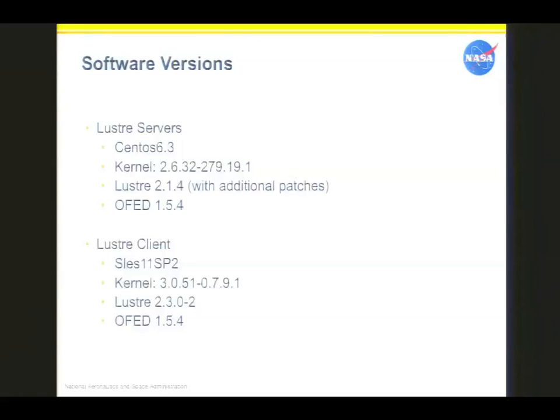So we may switch back to Cent at some point. But the important part here is that it limited the versions of Lustre that are supported by our vendor, which is Intel or Whamcloud. So we were kind of forced to use Lustre 2.3. I don't think that had anything to do with the performance we saw, but it may.